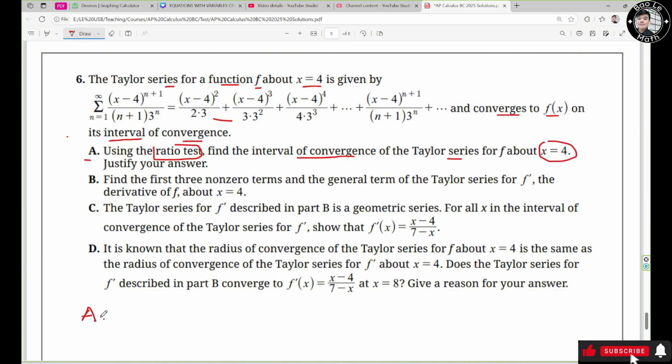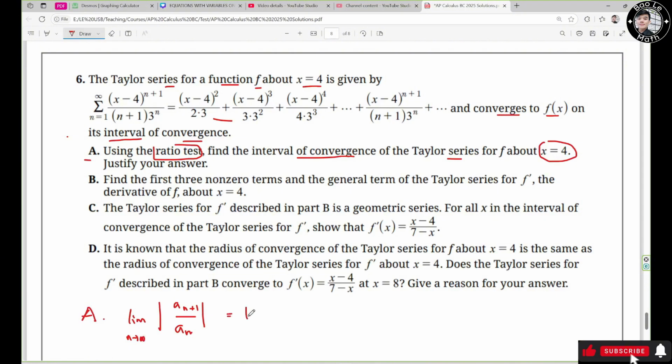we have the ratio test, which means the limit of the absolute value of a sub n plus 1 over a sub n as n approaches infinity.